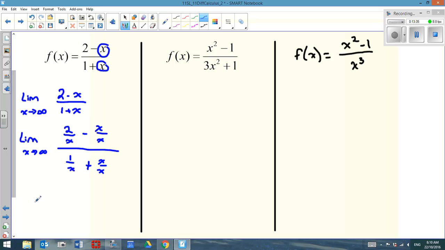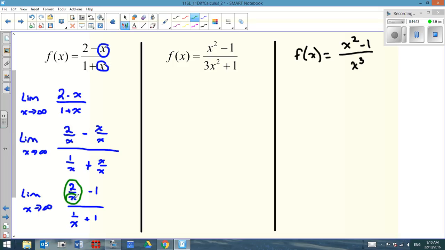What's going to wind up happening is I'm looking at the limit as x approaches infinity. The x over x reduces, so I have 2 over x minus 1, and I have 1 over x plus 1. And if I take the limit as x approaches infinity, so if x gets larger and larger, then this whole fraction is going to wind up going toward 0, because your denominator is going to get so large that 2 divided by a really, really large number is going to get so small that we can say it's going to approach 0.